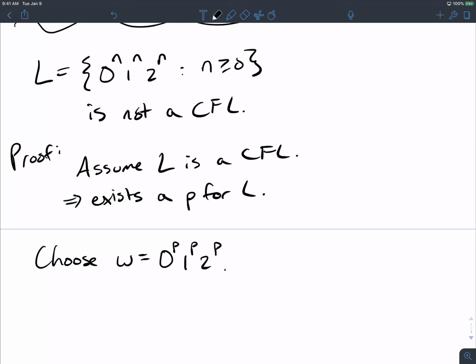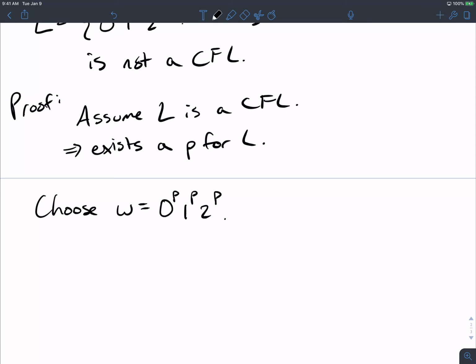Or, equivalently, every DFA is already a PDA that just doesn't use its stack. So if we prove this, then it'll immediately show that it's not regular, which is kind of nice. So, do we need to look at just one decomposition to show that it's not a CFL, or all decompositions? Yeah, all decompositions.